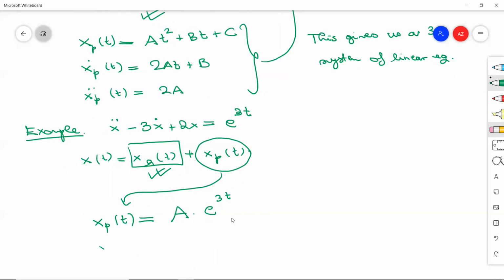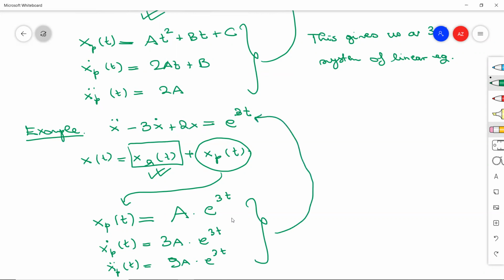So in particular, the derivative is 3a times e to 3t, and the second derivative is 9a times e to 3t. And then we plug this into our initial ODE and compute a.